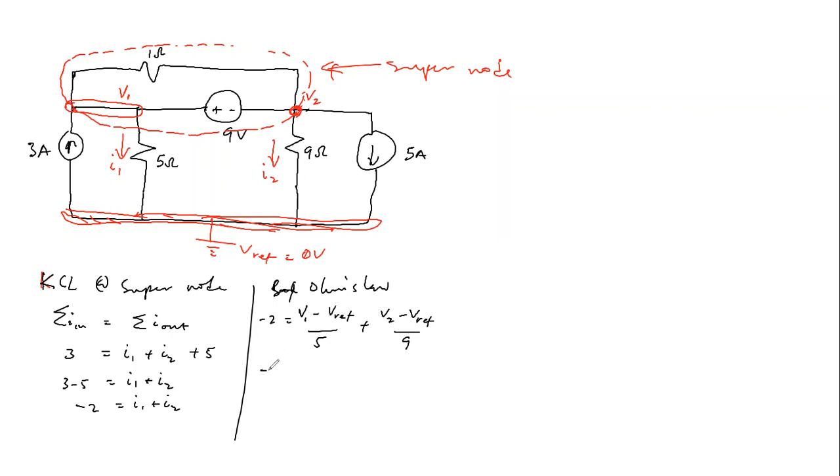So that's going to give us minus 2 is the same as V1 minus 0 divided by 5 plus V2 minus 0 divided by 9, because the reference voltage is 0. So that will give us minus 2 is the same as V1 divided by 5 plus V2 divided by 9.